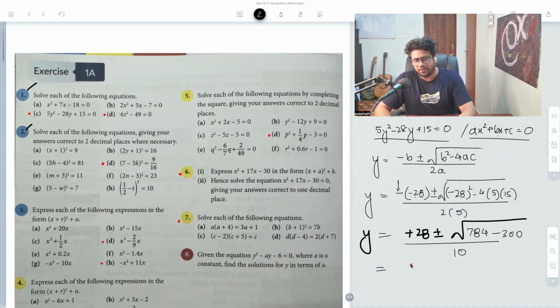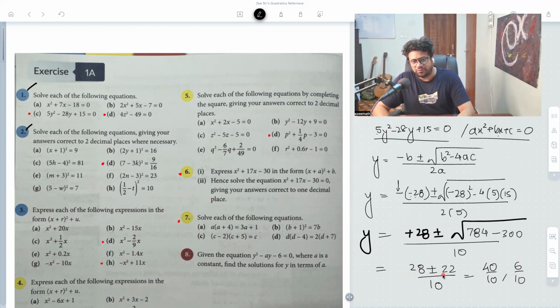It comes out to be 28 plus minus square root of 484. That's 22, divided by 10. So that's 40 divided by 10 and 6 divided by 10.